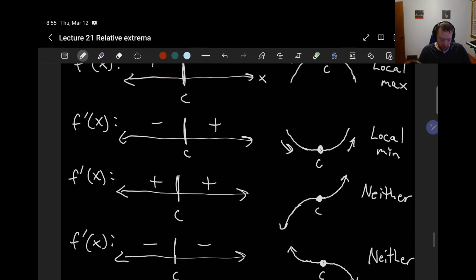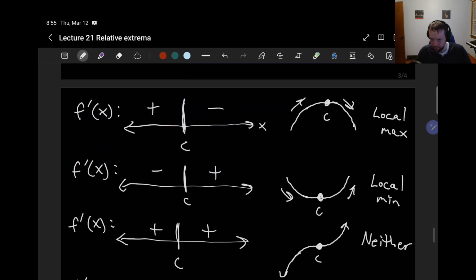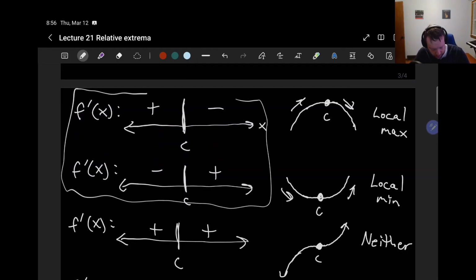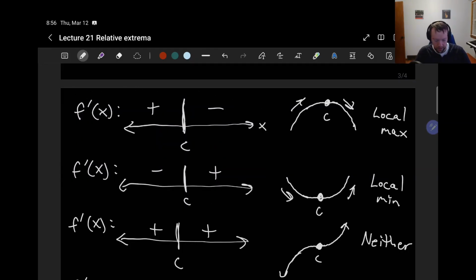Okay, so my recommendation when we hit exam time is don't just memorize these. You will need to know them, but when you study, I would say don't just memorize that, oh, if it's plus then minus, that means maximum. I encourage you instead to think about the picture here. Your function is increasing and then decreasing.